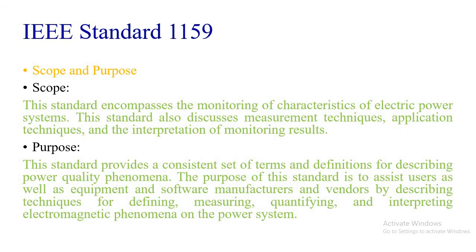So this is the purpose of the standard 1159. For this purpose, the various terms, or we can say definitions, are applied. The IEEE standard gives some definitions here. We will see them one by one.